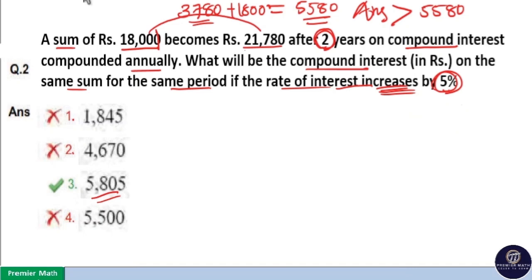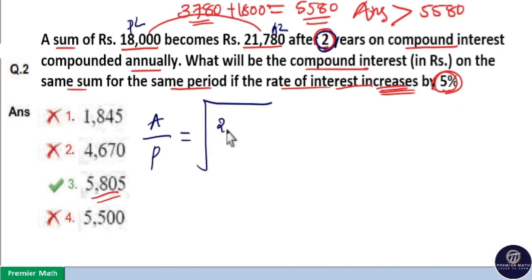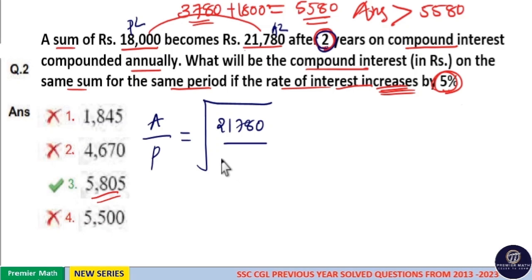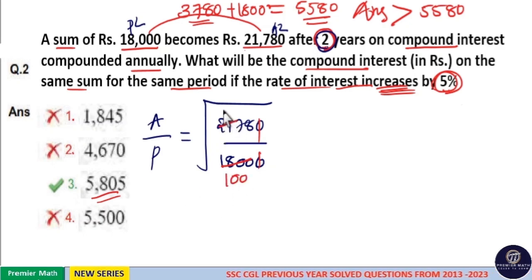That is, here this 18,000 is for 2 years. So this is P square and this is A square. Now if I take the amount by principal ratio, this is root of 21,780 divided by 18,000. Now 0 cancel. If I divide it with 18, 18 goes 100 times in 1800, 18 goes 1 time in 21, remaining 3, 18 goes 2 times in 37, remaining 1, 18 goes 1 time in 18.